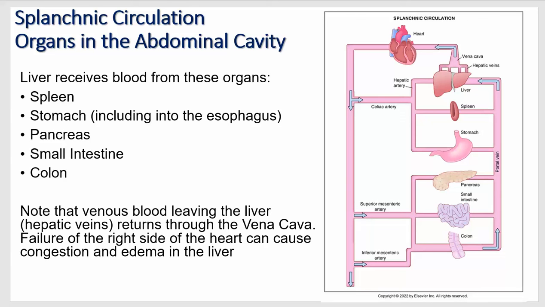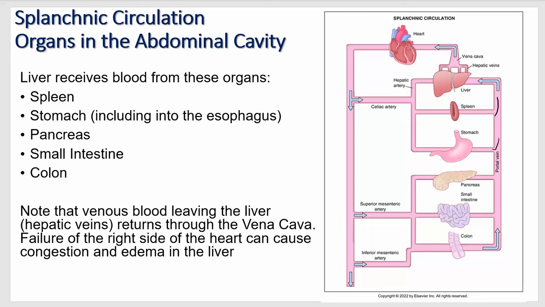So this is our liver getting all of that stuff from those organs, and then it circulates back to the heart, and then back to all the organs from the heart, of course.